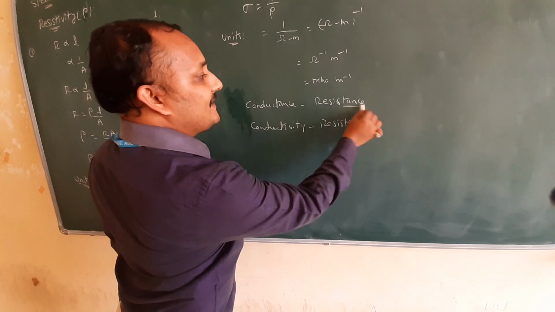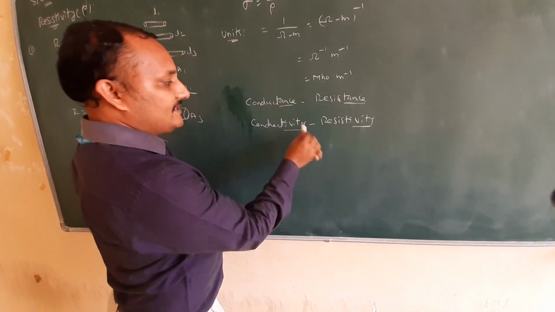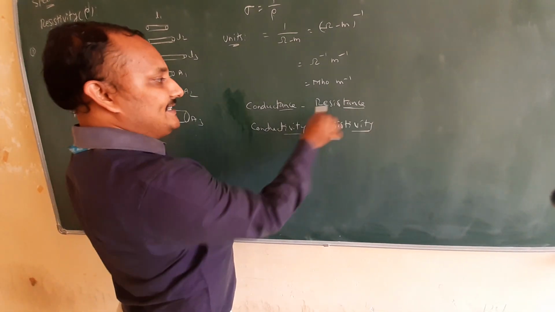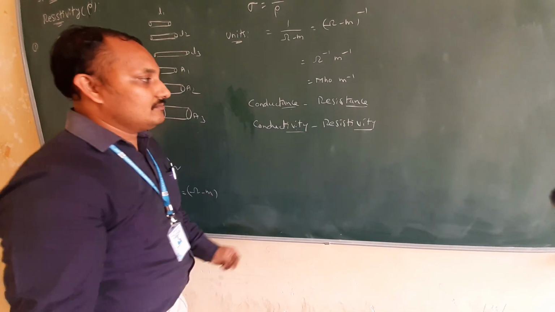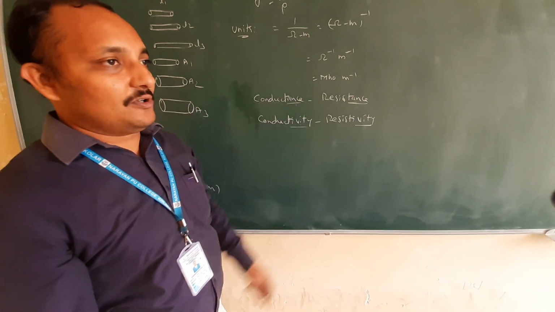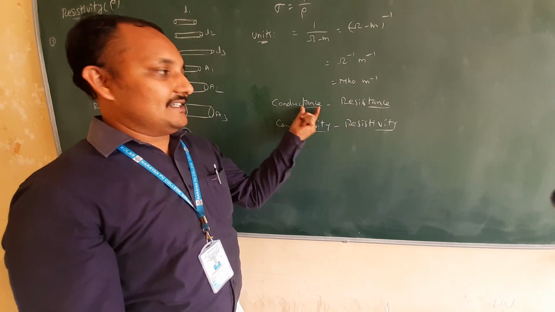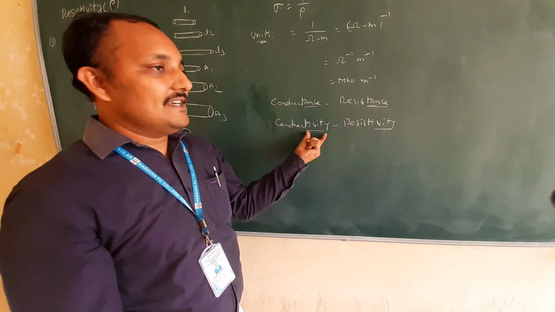The reciprocal of resistance is called conductance. The reciprocal of resistivity is called conductivity. This is how to remember conductance and conductivity, because both are reciprocals.